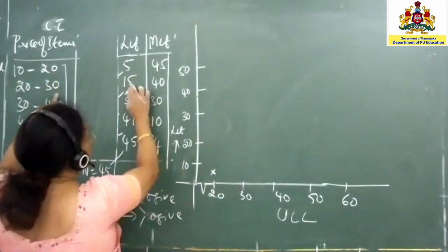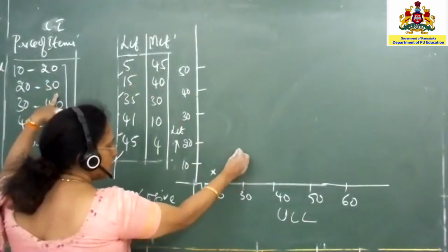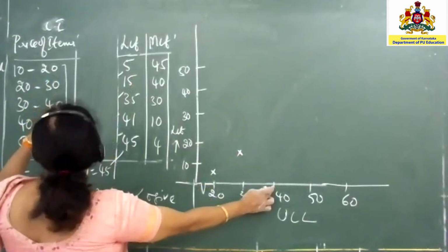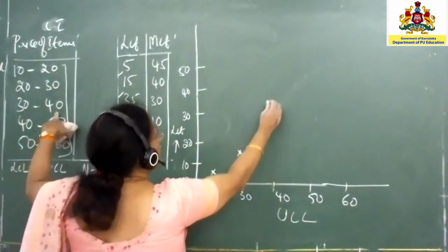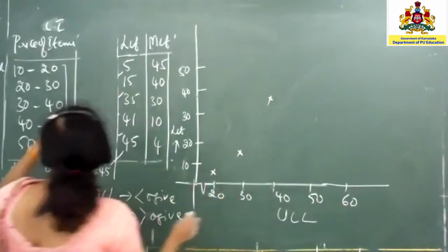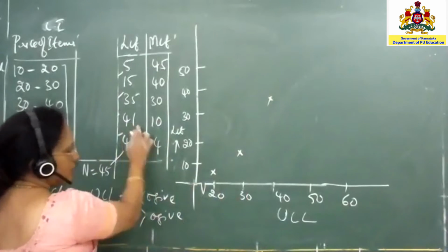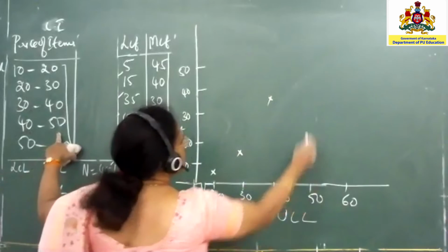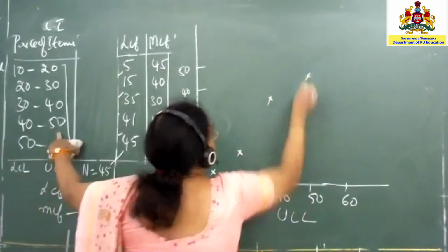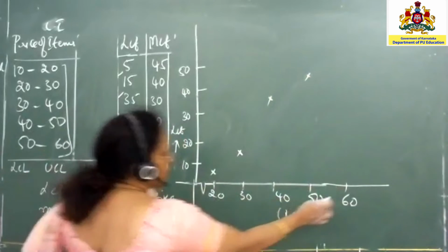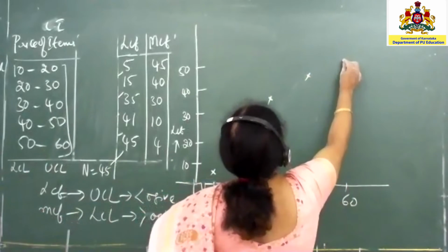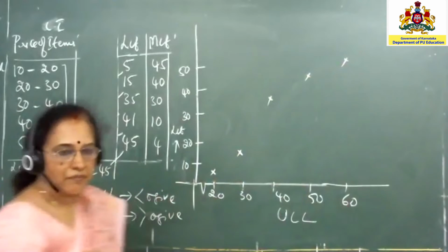So 30 and 30. Next, this is 40. This is 35. Next, you have 50 and 40. Next one, 60. This is 60, 45. So somewhere here, like this.